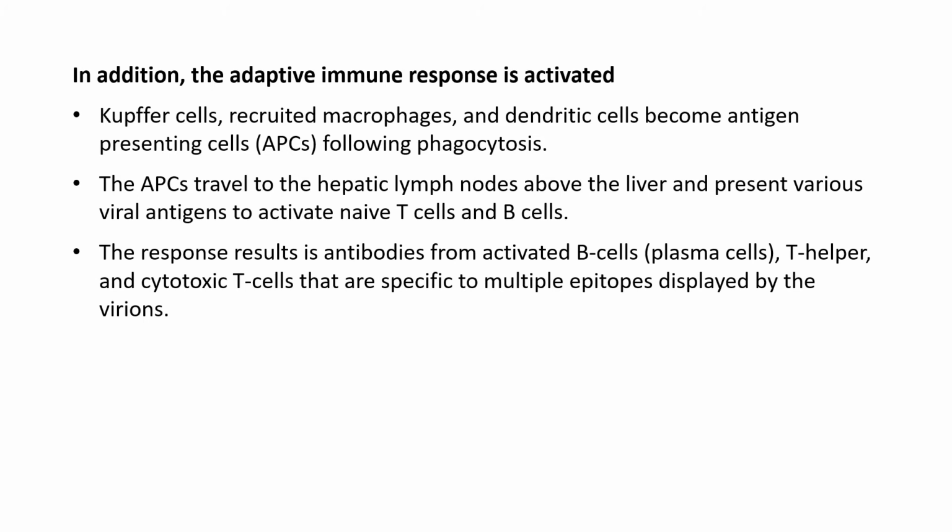Of course, what we then get is activated B cells that become plasma cells and secrete antibodies that are specific for the antigens from the hepatitis C. We also get antigen-specific T helper cells and cytotoxic T cells. And they could be specific to multiple epitopes displayed by the hepatitis C virions.